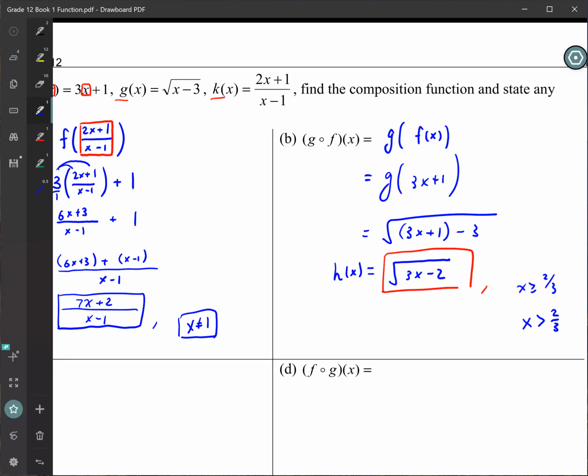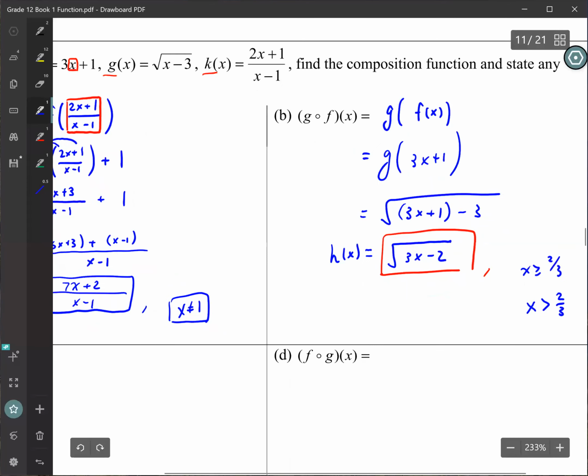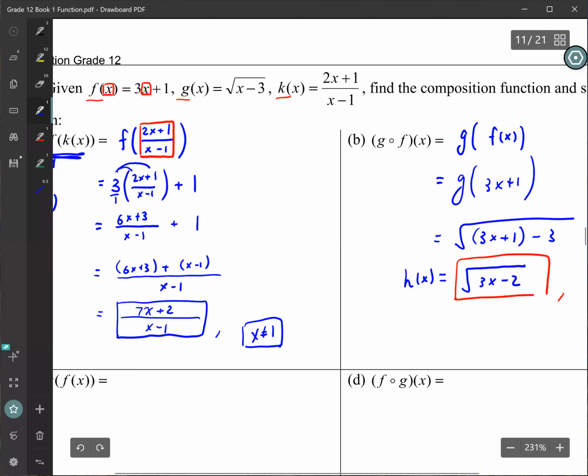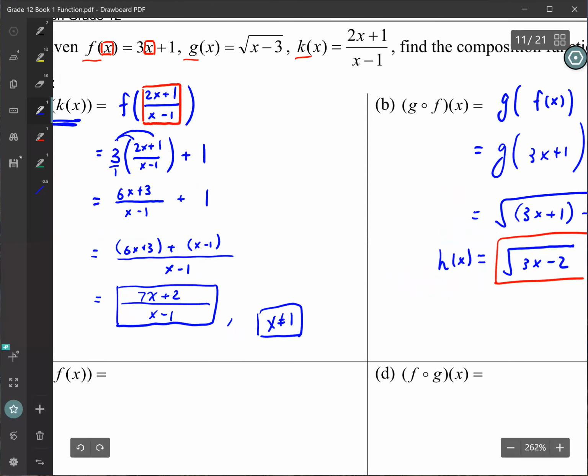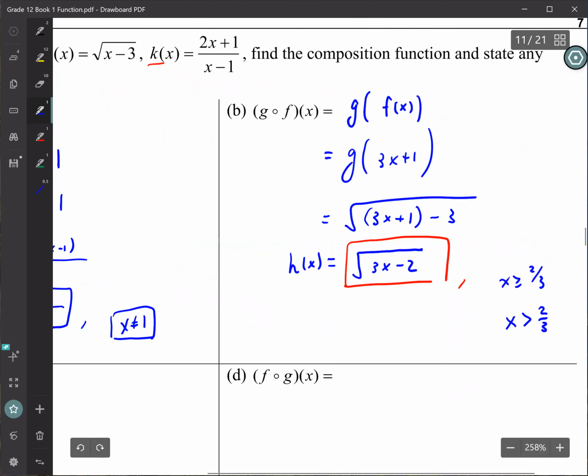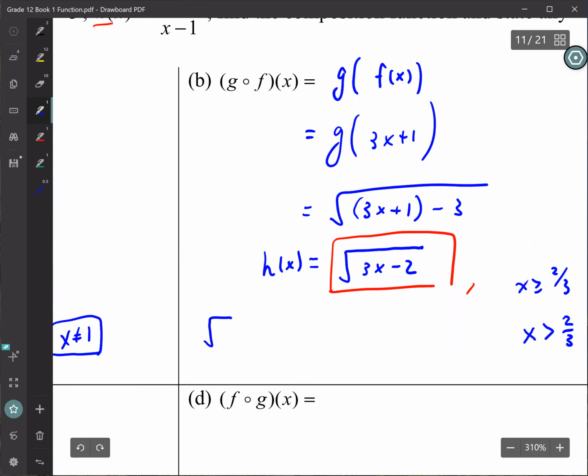Okay. So let's think about, should we have equal or not equal, right? For restriction, it means the value you cannot use, right? Like fraction, then you think about, oh, x cannot be 1 because it makes the denominator equal to 0. For square root, what kind of rule do we need to have for the inside values?